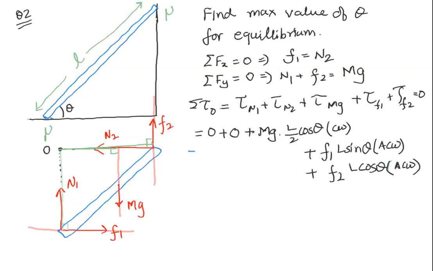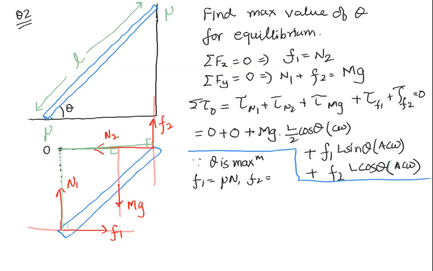So this is the set of equations. And now, since theta is maximum, we should assume that F1 is equal to mu N1 and F2 is equal to mu N2. Right?